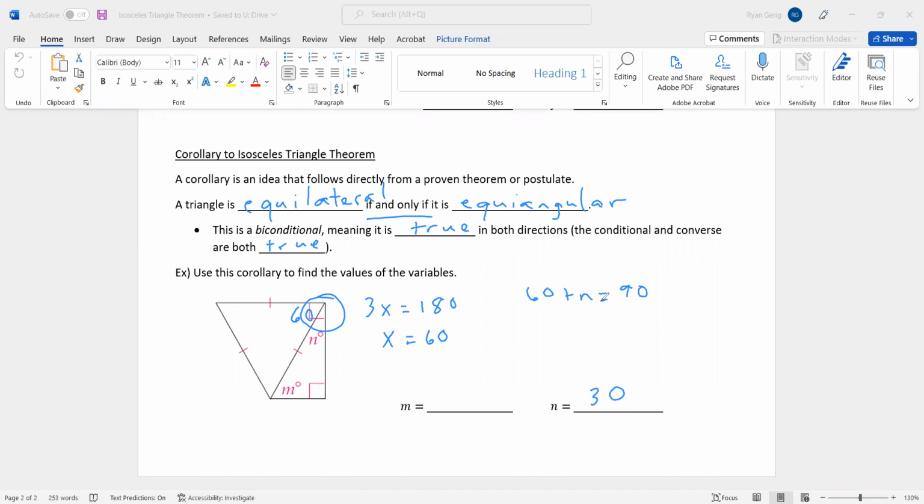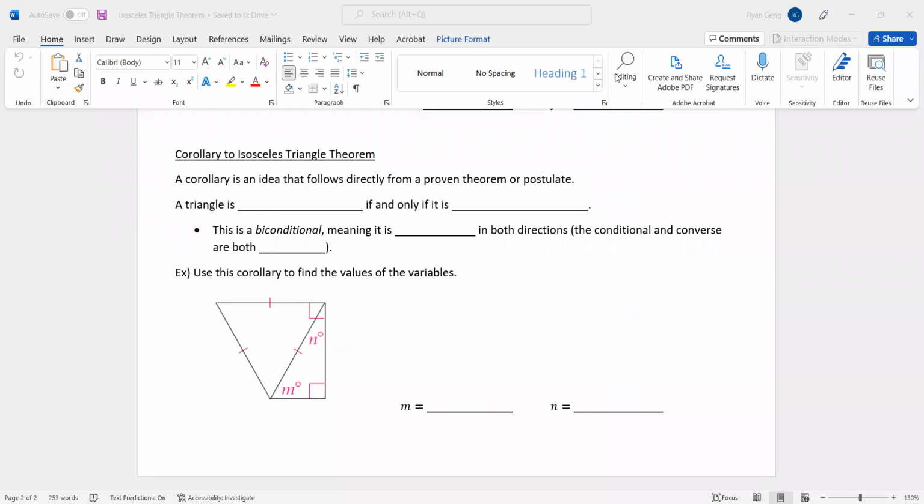And then 30 plus m plus 90 has to equal 180. You should solve that and get m equals 60. Okay, so there's your isosceles triangle theorem and the corollary that goes with it. That's it. Again, not doing any proofs with this. We might be using them in proofs though.